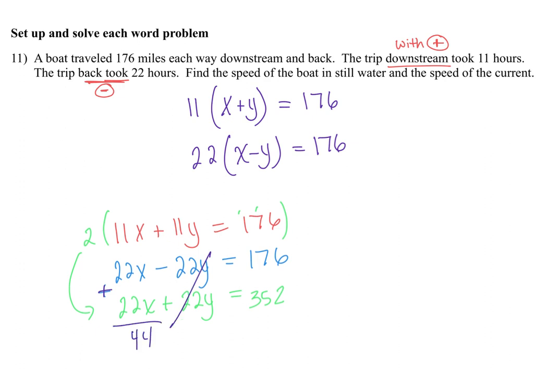I will get 44x. I will get this ginormous number, but don't worry, I'm going to show you. That's 528. It helps to write down the right number. That's a 5. So I have 44x equals 528.